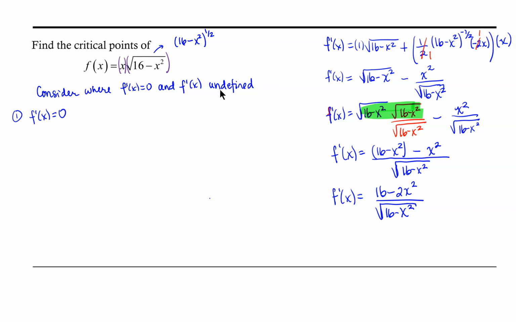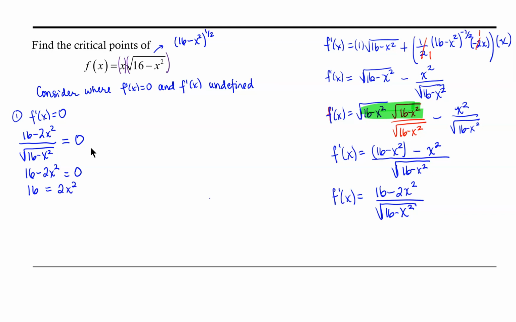So our derivative is 16 minus 2x squared over the square root of 16 minus x squared, and we want that to equal 0. Well, if I multiply both sides of this equation by the square root of 16 minus x squared, that will clear the denominator on the left and on the right I will end up with simply 0. So we would have 16 minus 2x squared equals 0. Now adding 2x squared to both sides of the equation gives us 16 equals 2x squared.